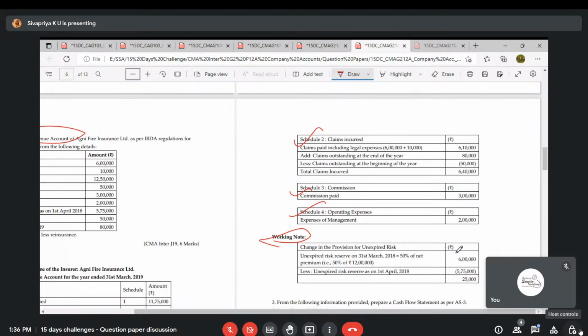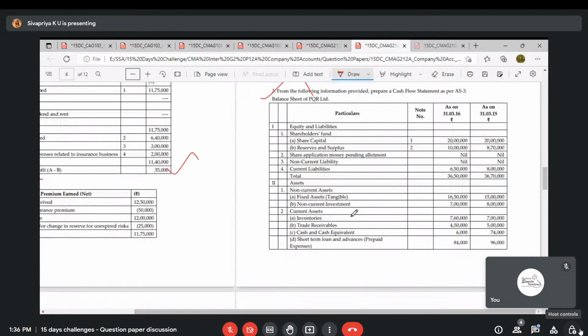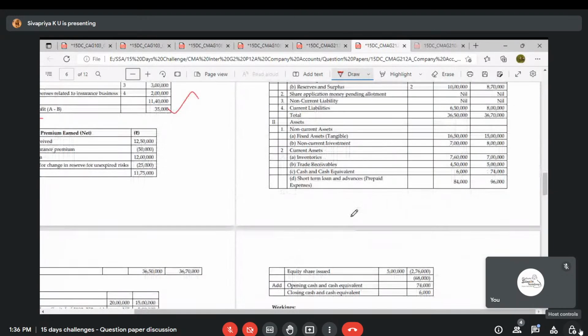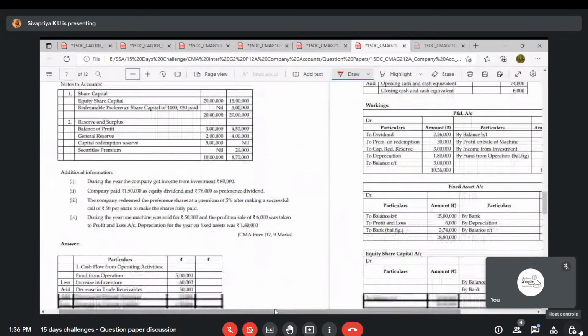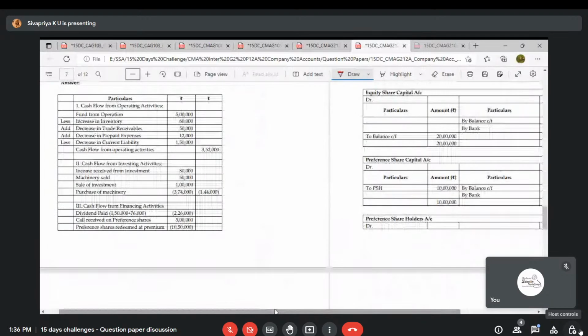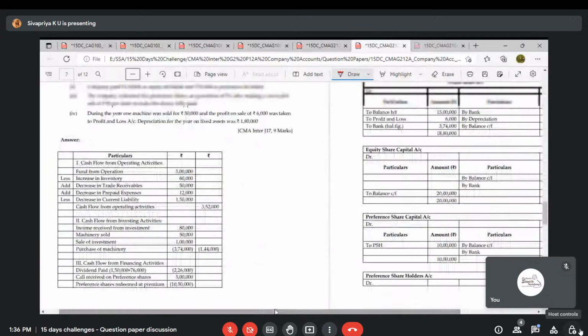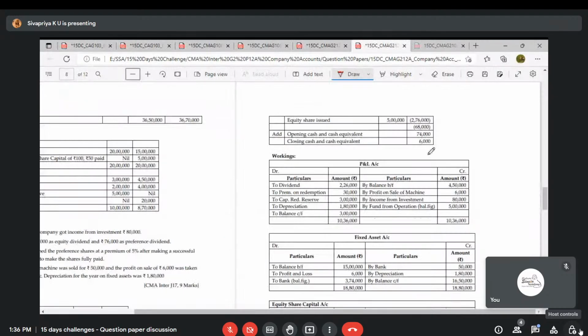Question number 3. Accounting Standard 3, you have to prepare a cash flow statement. So the cash flow statement is the solution. Cash from investing activities 1,44,000 negative. Cash from operating activities 3,52,000. Cash flow from financing activities 2,76,000.